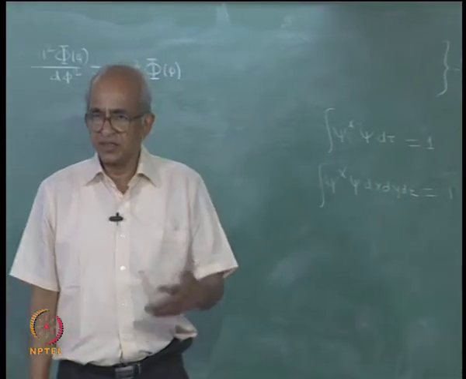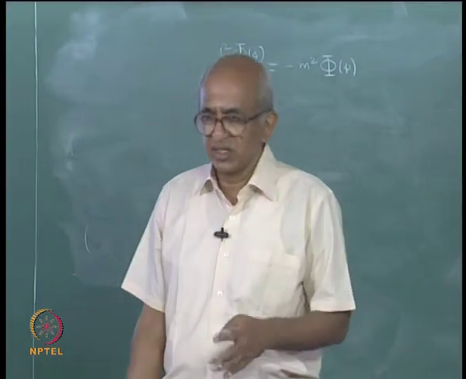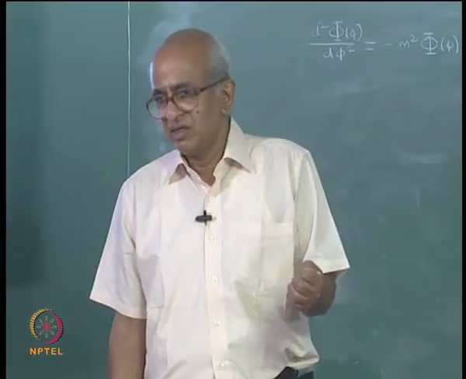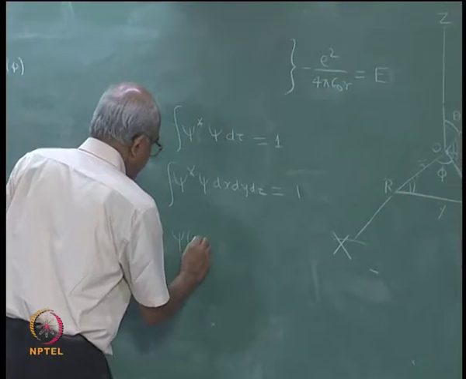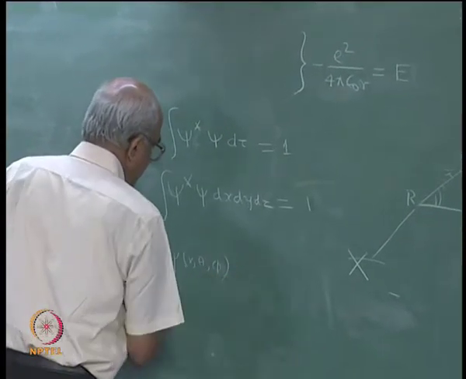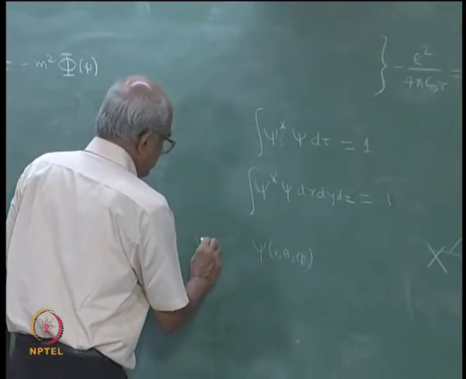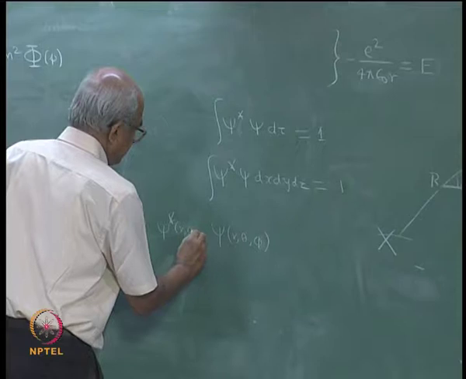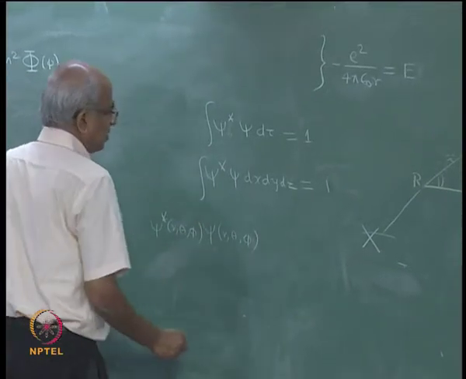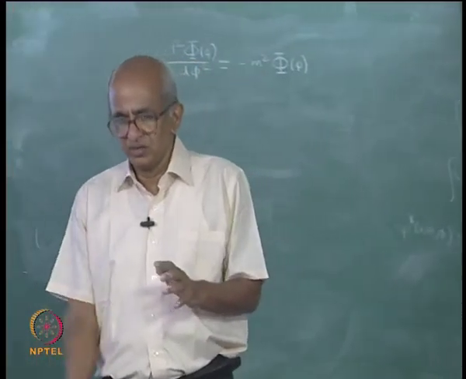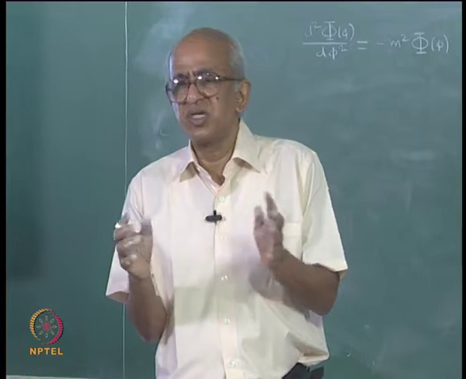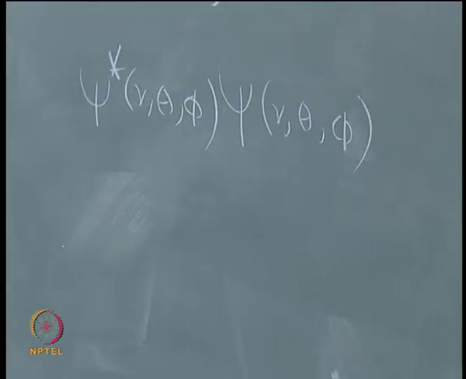But we have decided to throw away Cartesian coordinates and express everything in terms of r theta phi. So, what does that mean? It means that the psi that I find, which will be a function of r theta phi, I will have to multiply it by its own complex conjugate. Then I will have to multiply it by the volume element d tau. Okay. So, that means this volume element d tau has to be expressed in terms of r theta phi, right.